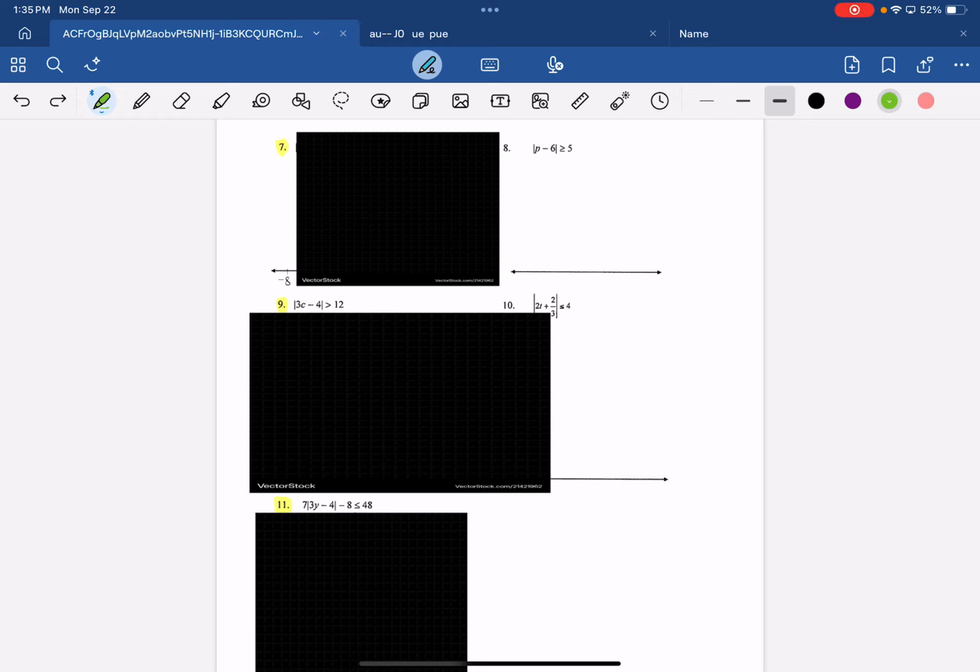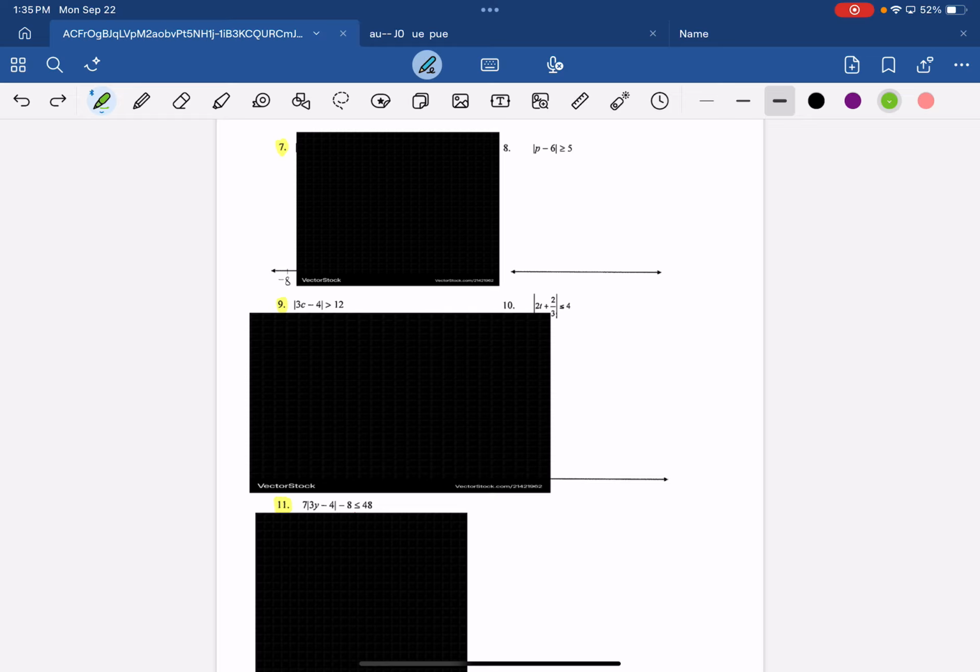Remember, variable first, so how do I rewrite this? So we're doing 7. If I were to rewrite this variable first, it would be x is what? If we flip, we've got to rewrite our sign too. -4.